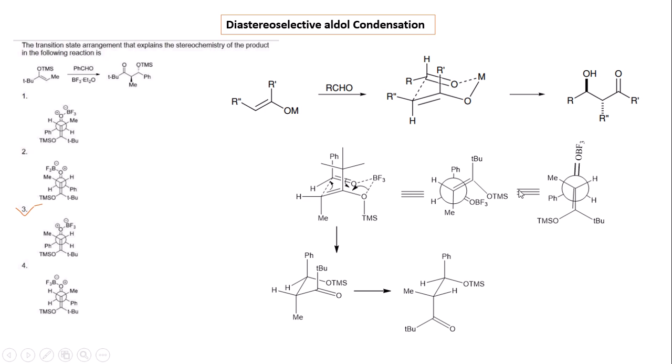When it rotates around 120 degrees, we get the conformation, and after 120 degree rotation we get the conformation which matches option 3. So option 3 is the correct option for the formation of the anti-aldol product. This is the intermediate transition state for the anti-aldol product formation.